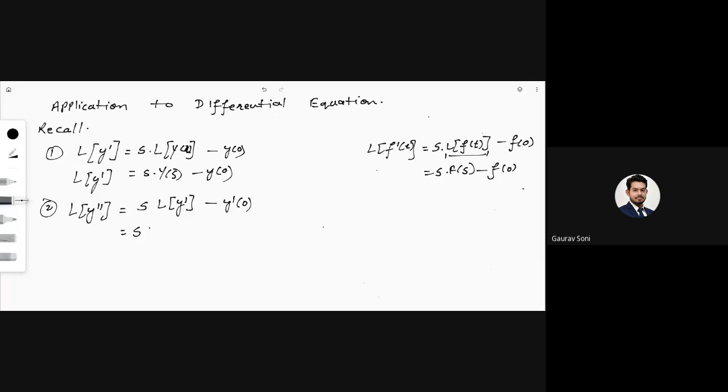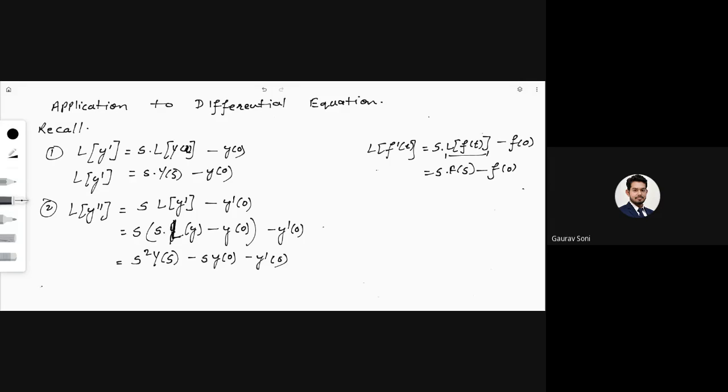Now the Laplace of y dash is s times Laplace of y minus y(0), bracket complete, minus y dash at 0. So this is s² capital Y(s) minus s times y(0) minus y dash at 0.